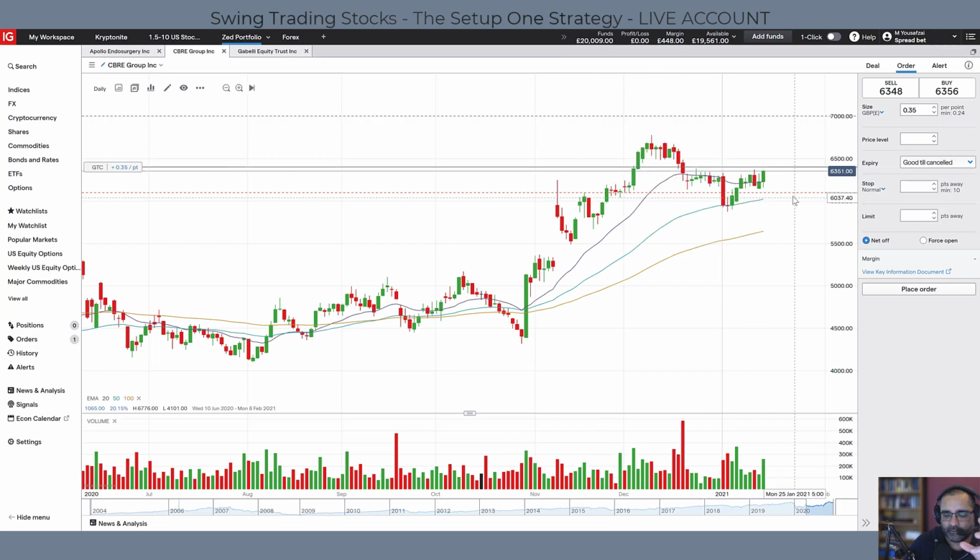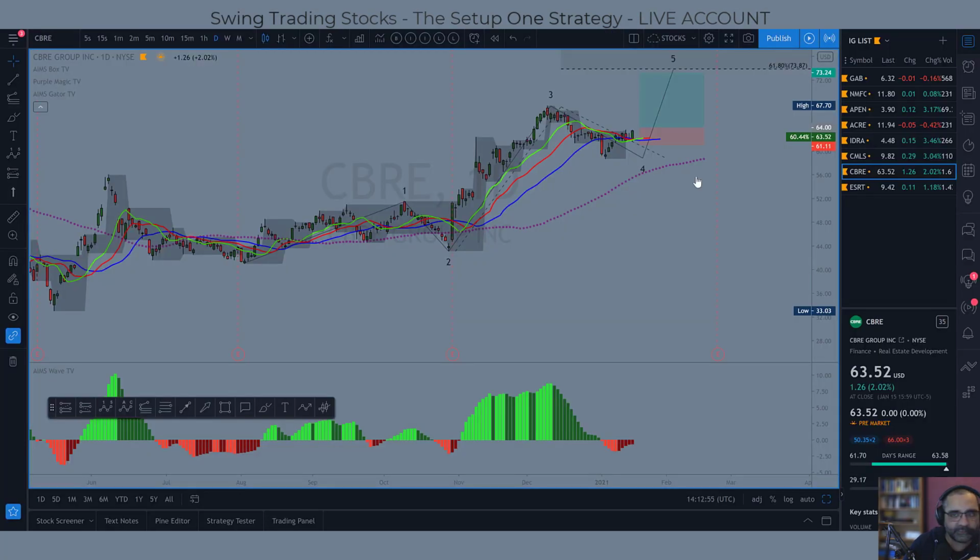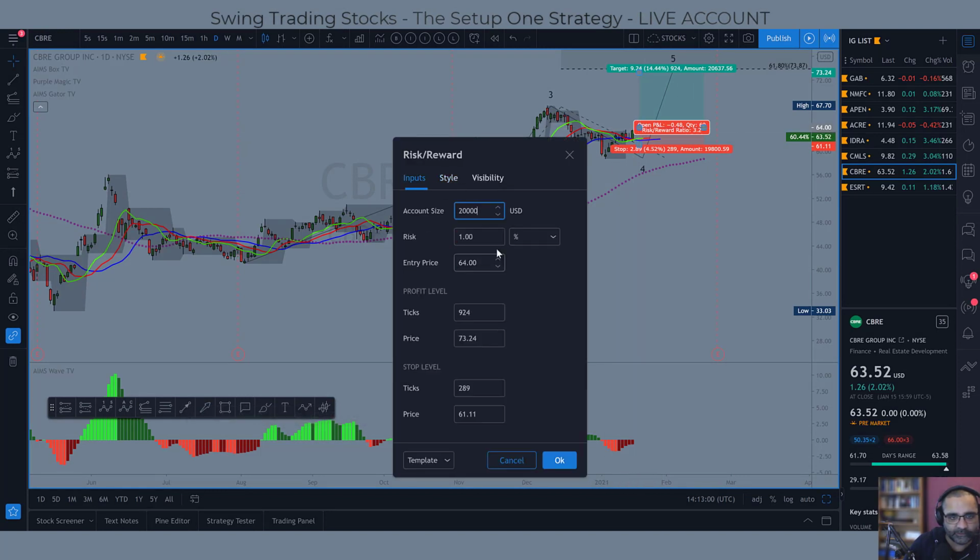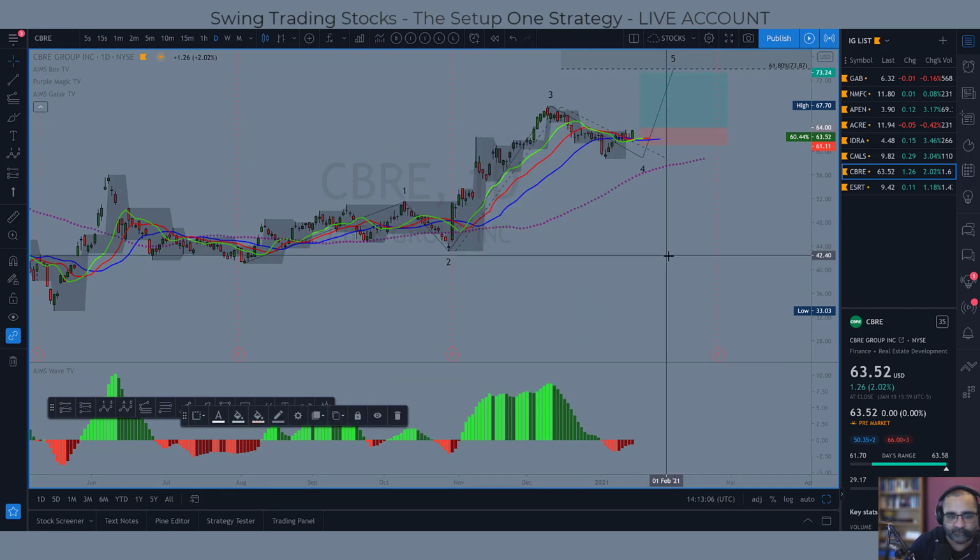This trade requires a margin of £448. Now that's the difference. If you were to take stocks based on a $20,000 account and take 1% risk, you'd have to buy 69 stocks.